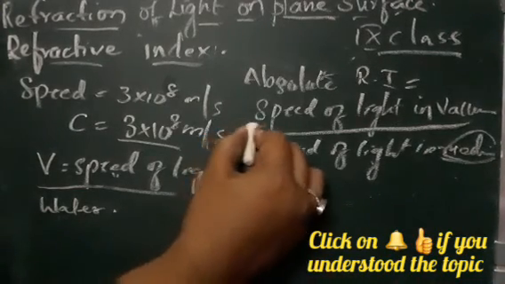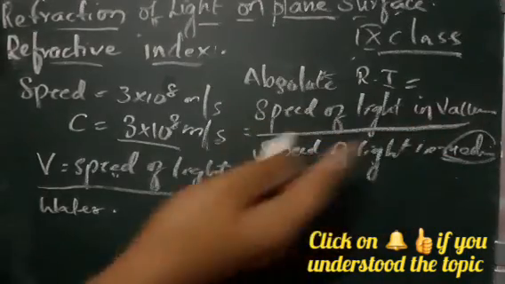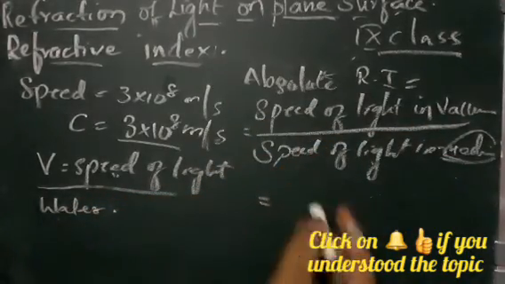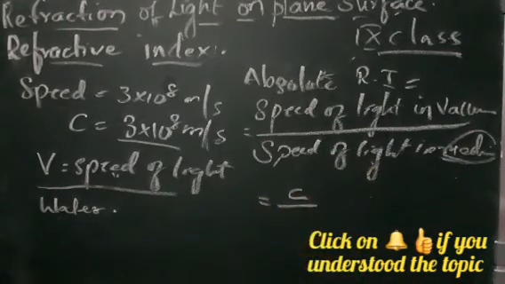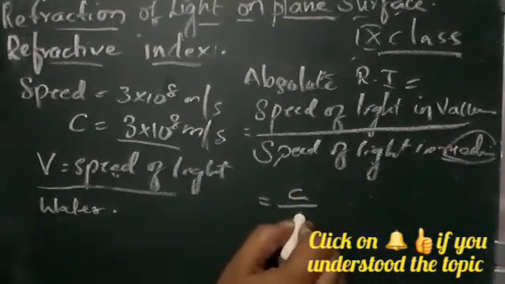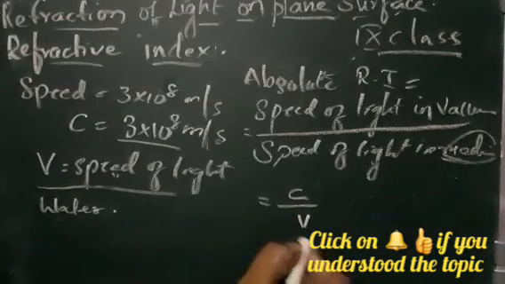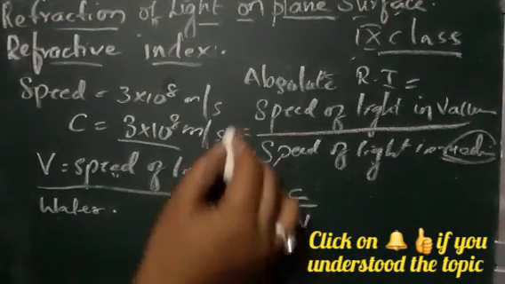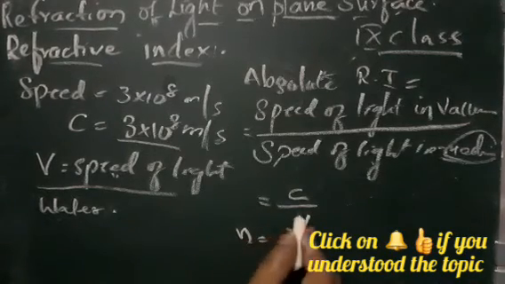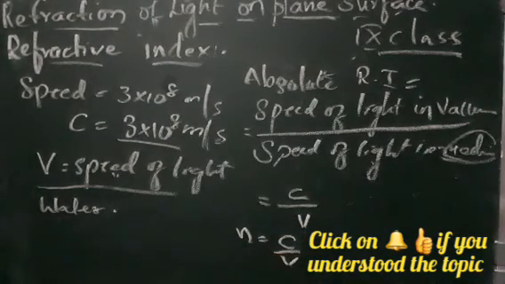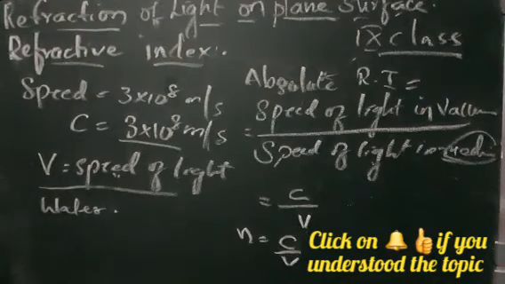Okay. So here, the speed of light in vacuum we have represented as C, and the speed of light in any transparent medium we will take as V. So now the refractive index N is equal to C by V. I hope it is clear.